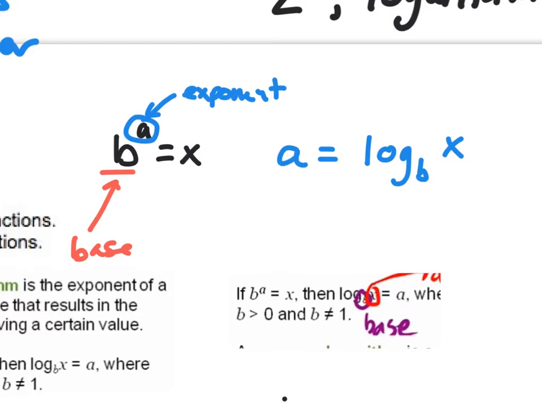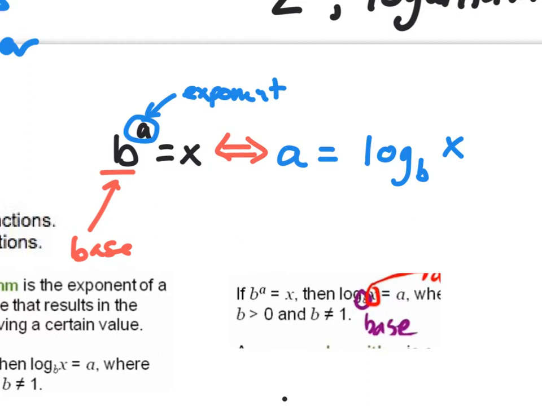So what I'm asking you to be able to do is look at something like this and write it in log form, and vice versa. You have to be able to look at an exponential equation and rewrite it as a log, and look at a log function and write it as an exponent.